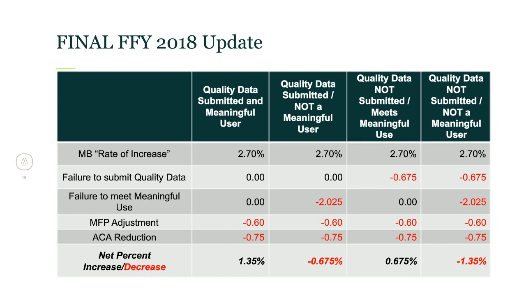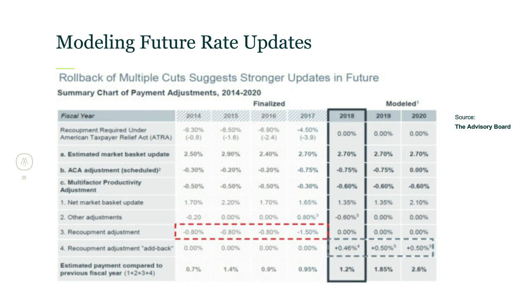This is a slide that our team really likes to see each year from the advisory board. For those folks who utilize the advisory board, when the final rule and proposed rules come out, they have a lot of really good infographics to help you visualize where all of the various adjustments are coming from.